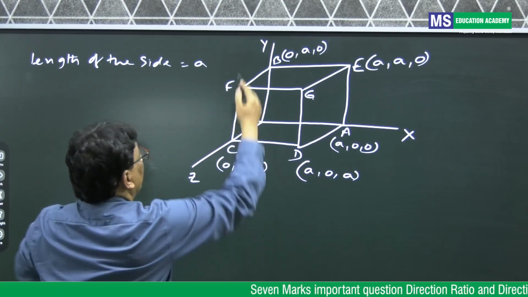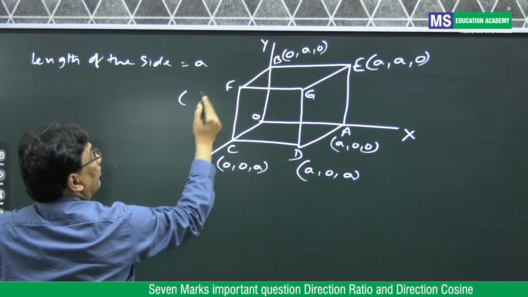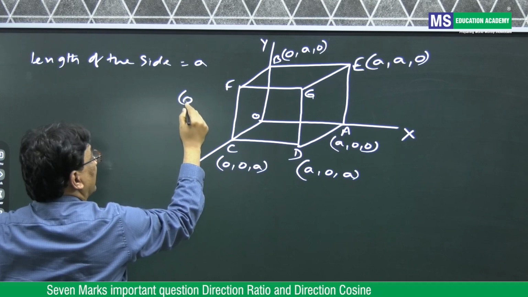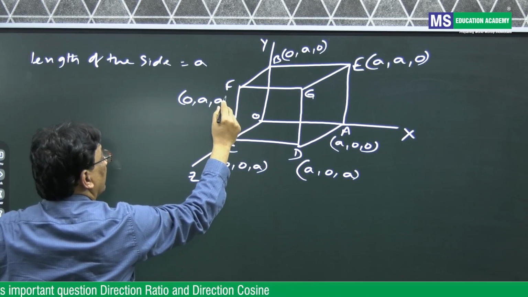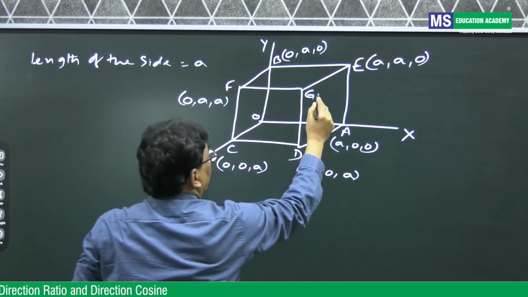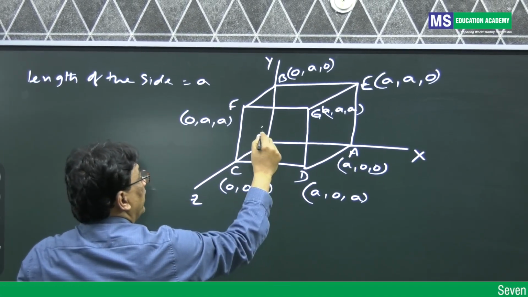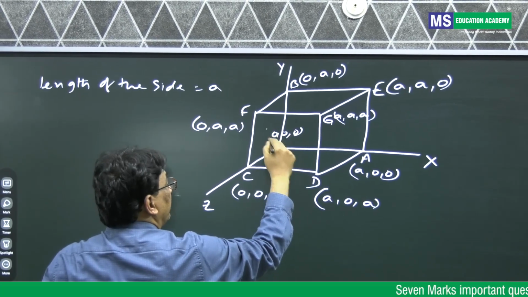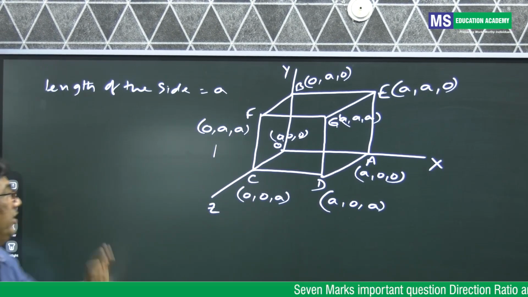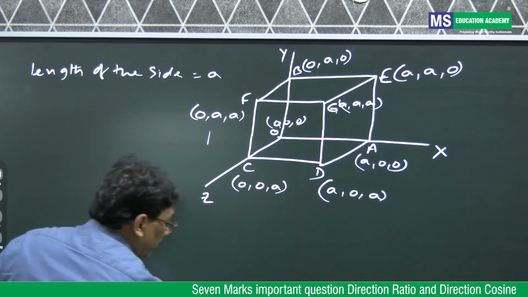Next F, between y and z, that means the x coordinate becomes 0: 0 comma a comma a. The outside one is a comma a comma a. O is the origin 0 comma 0 comma 0. Like that, first write all the points.